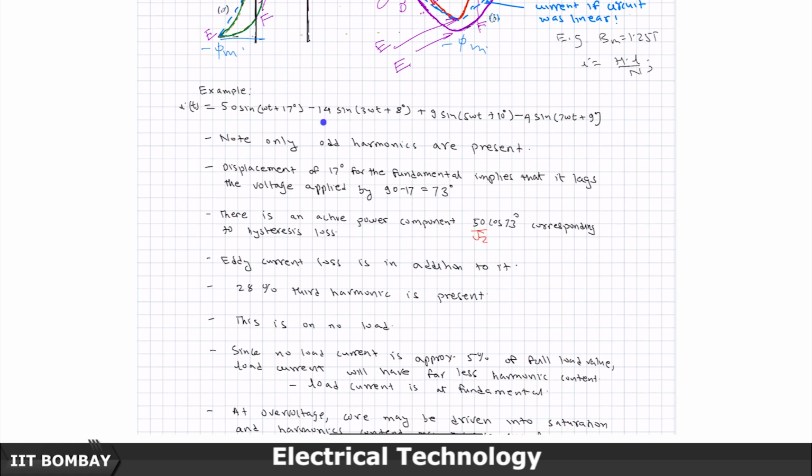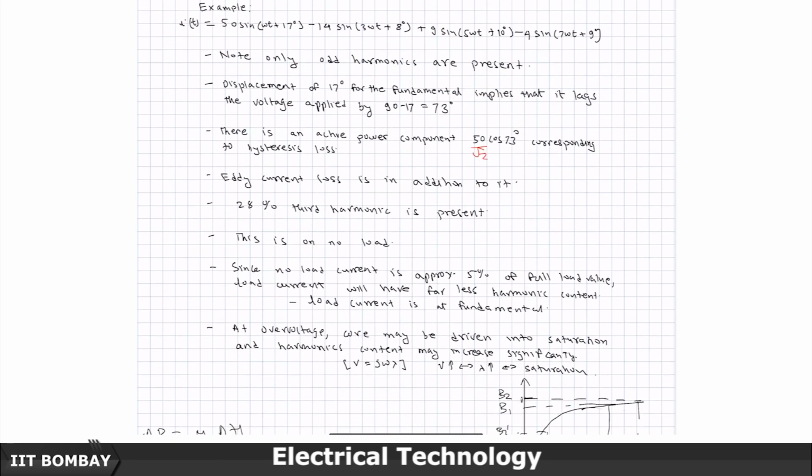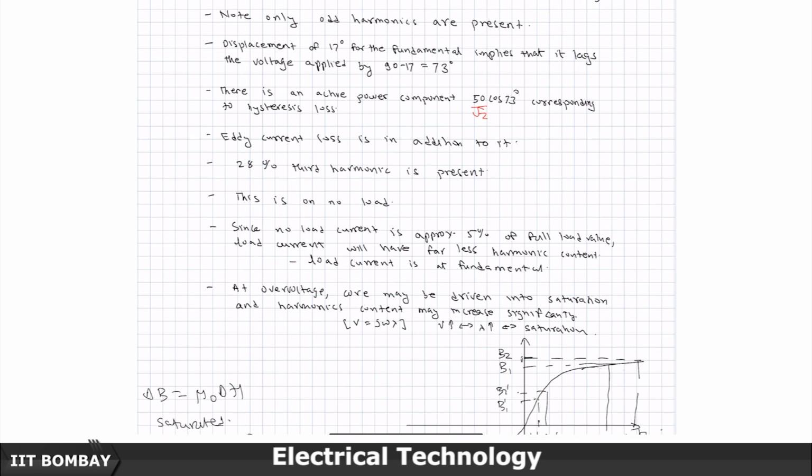So, it may appear to you that, my goodness, this is quite a far deviation from a sinusoid, and 28%, 18%, these are significant amounts of harmonic content. Yes, that is very true, but this is for the no load current. And how much is usually the no load current? No load current is approximately 5% of the full load value.